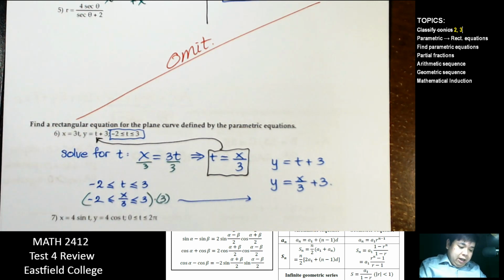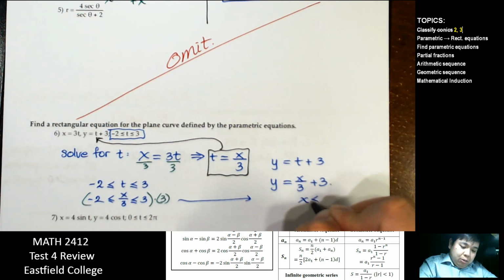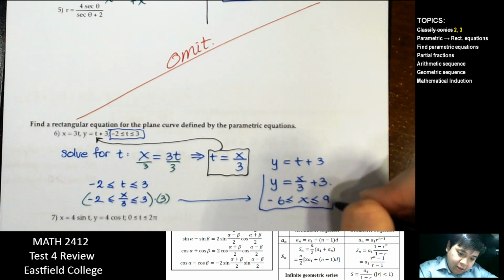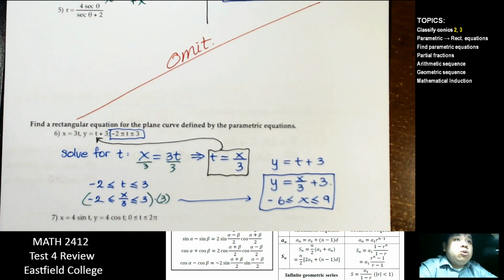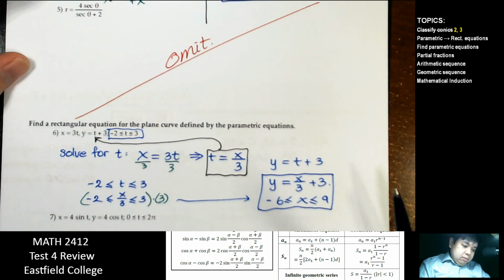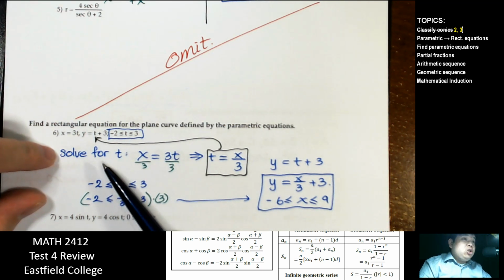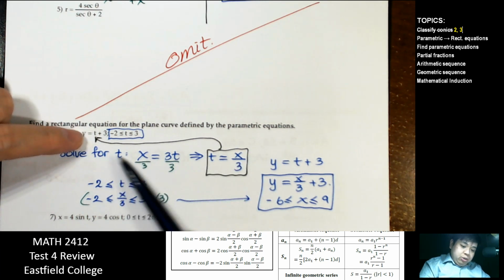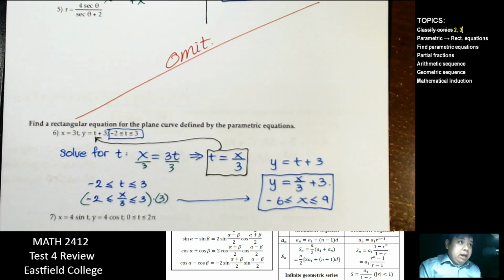And I will have x between 9 and negative 6. Right. So that's what we have. So yeah, we either solve for t from x or from y, and then substitute into the other equation, and finally try to find the range for that as well.